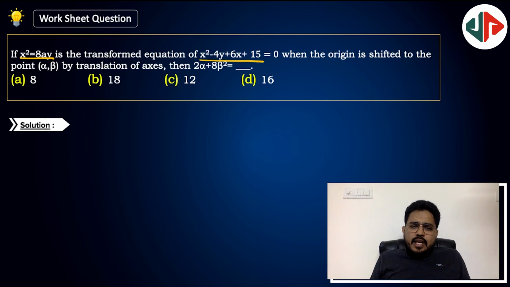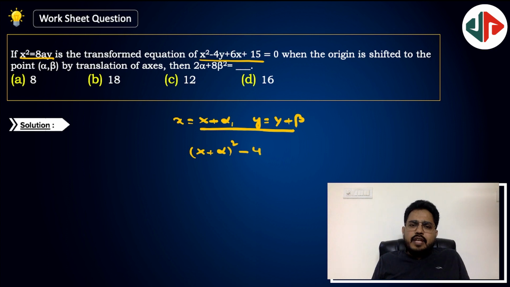Theoretically, you take small x is equal to capital X plus alpha, small y is equal to capital Y plus beta, and substitute this in this equation, that is, X plus alpha whole square minus 4 times of Y plus beta plus 6 times of X plus alpha plus 15 is equal to 0.